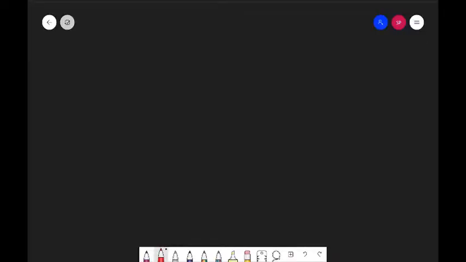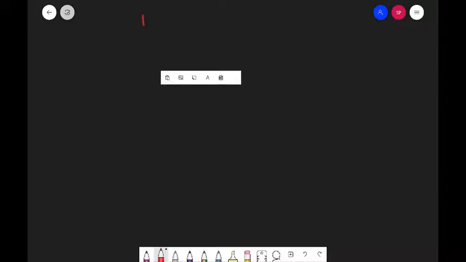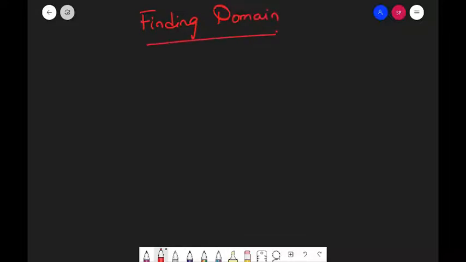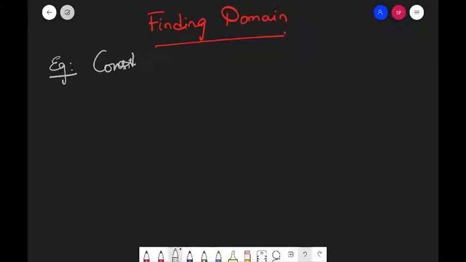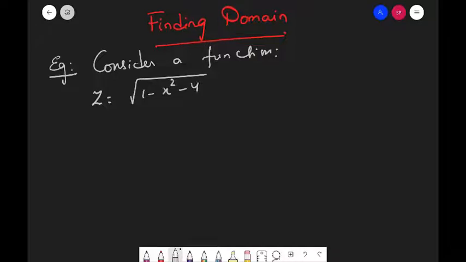After defining the domain and the range of a function, let us look at a few examples of finding the domain of a function of two variables. For the first example, consider the function z equal to square root of 1 minus x square minus y square.